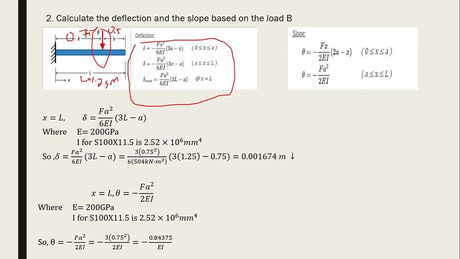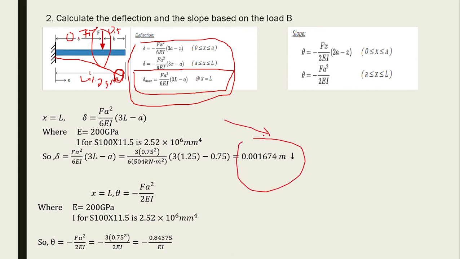At B, we need to find the slope based on load P. We will use this property because we need to determine the max deflection at x equals L. Then we just input the numbers. Then we got this point, 0.01674 meters.